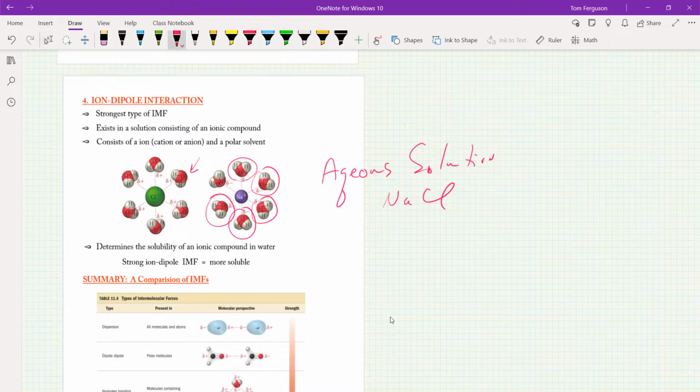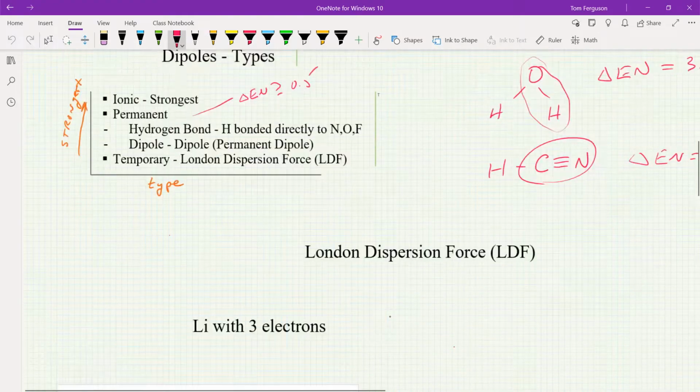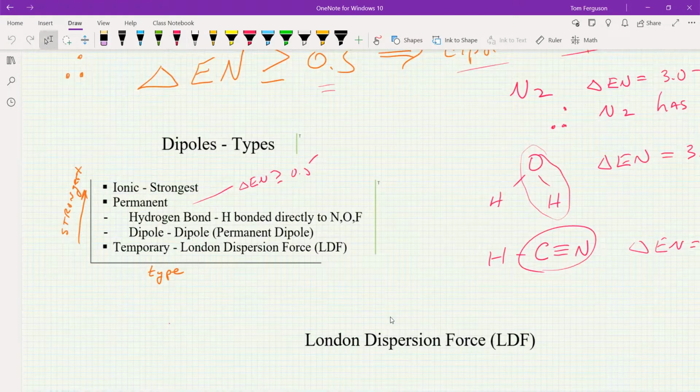And ions are extremely polar because they actually have a charge to them. So they're very, very attracted to the water molecules because they're strongly dispersed electrons. Hence, they attract each other. Okay, that would be the strongest here.